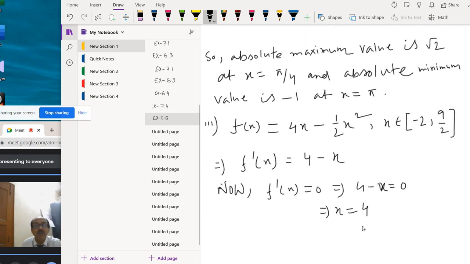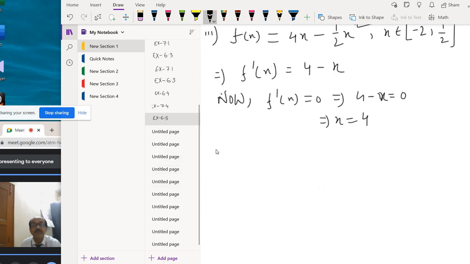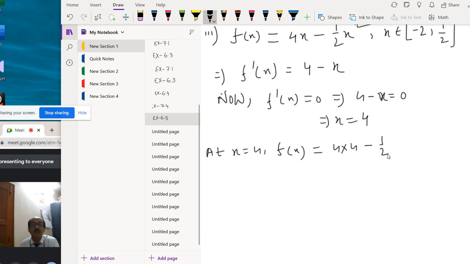Okay, now at x equal to 4, f(x) equal to 4 into 4 minus half into 4 square, that is 16.